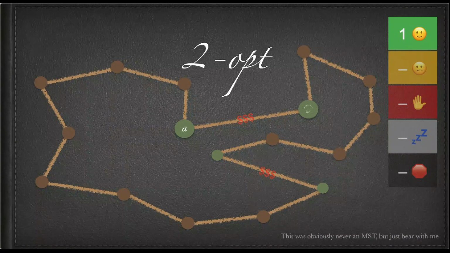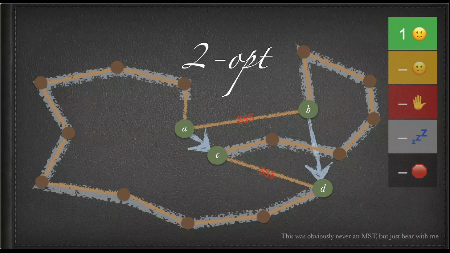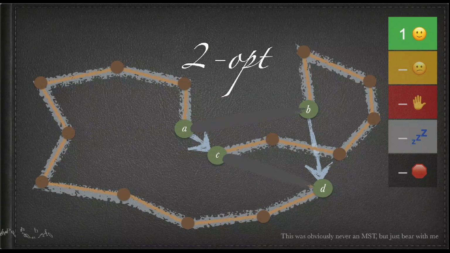If you pick two edges that you don't like because they're very expensive, like here A to B and C to D, we could consider instead connecting A to C, then running the opposite direction all the way to B, skipping from B to D, and then following the original tour back to A, because this allows us to wipe away those two edges, and we have created an alternative tour that could be cheaper than before.